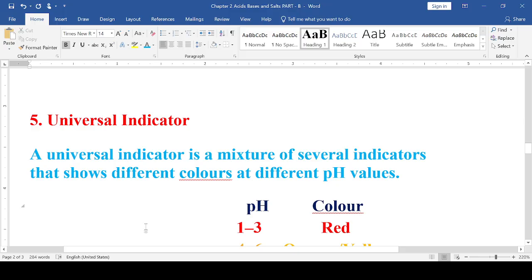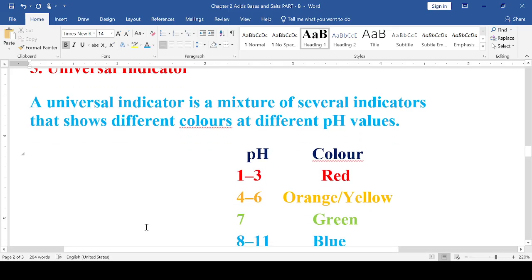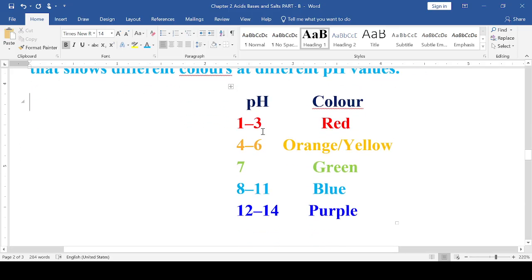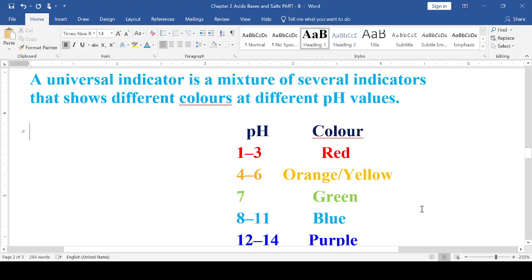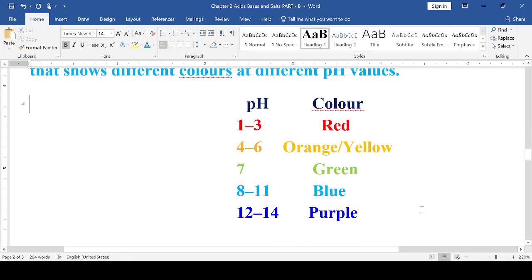If the pH value is 1 to 3, the color will be red. If it is 4 to 6, it will be orange or yellow. If it is 7, it is green. If it is 8 to 11, it is blue. If it is 12 to 14, it is purple. That is the use of the universal indicator.